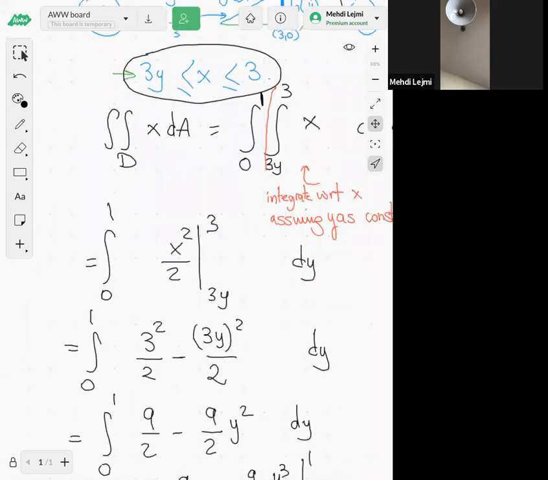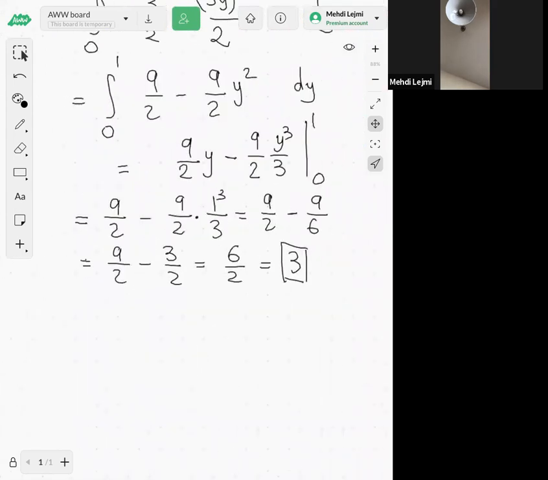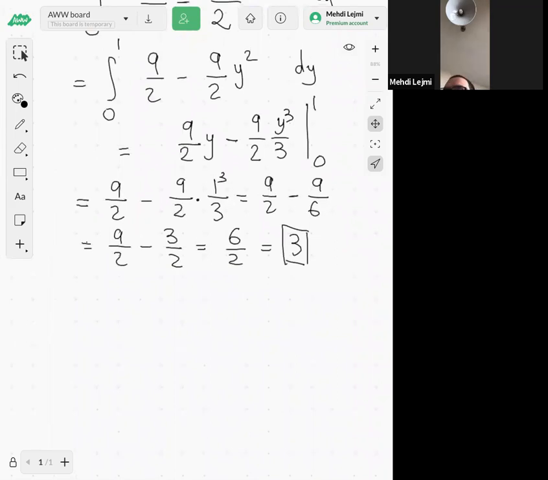Now, you may ask, why do we bother to have so many ways to integrate our function? Well, sometimes it's very useful to change the order of integration. I'm going to show you with an example. Sometimes it's useful to describe D as type 2 instead of type 1, or type 1 instead of type 2, right?